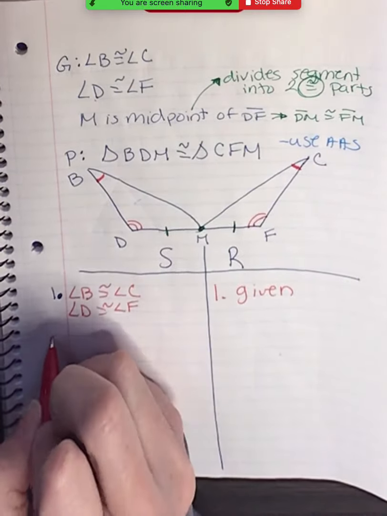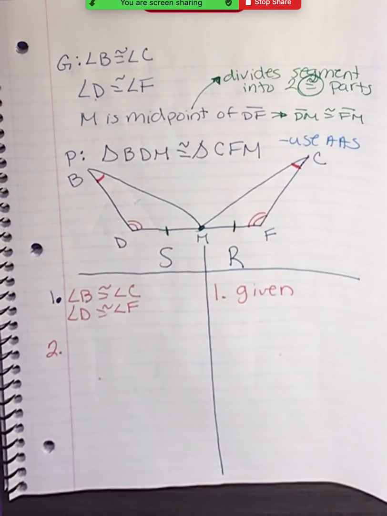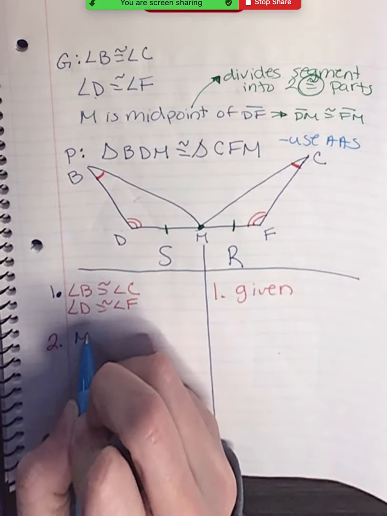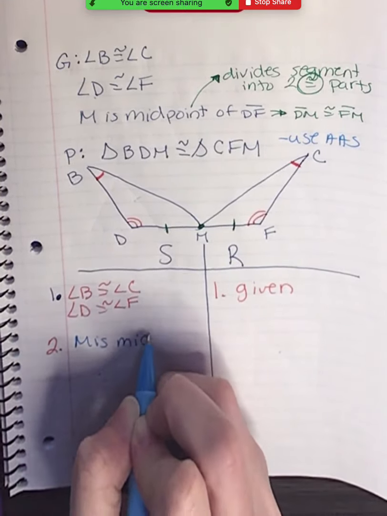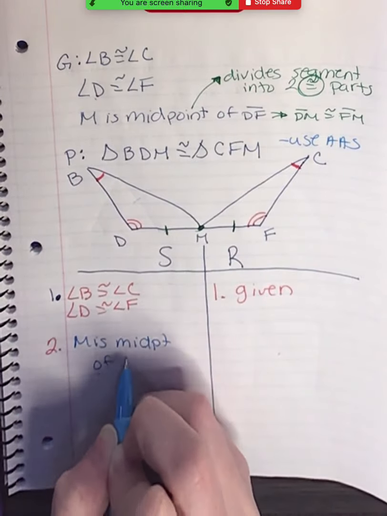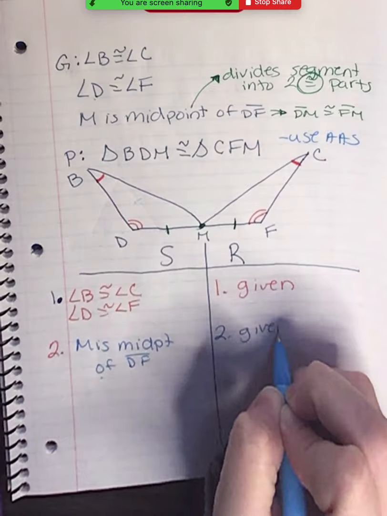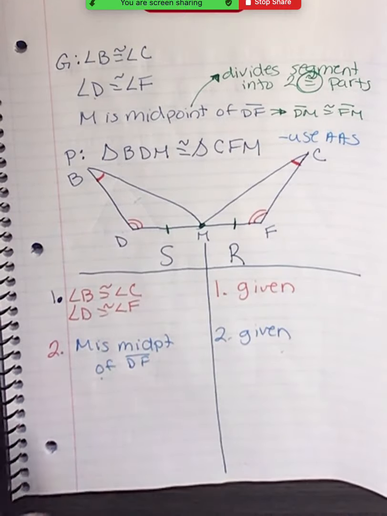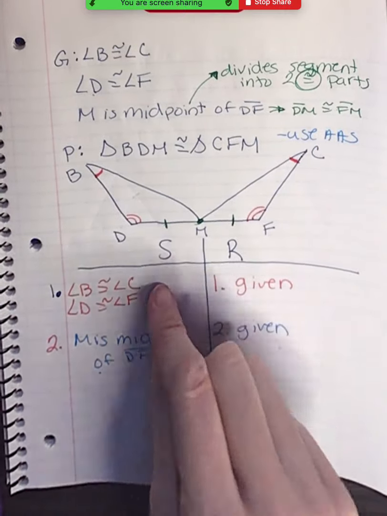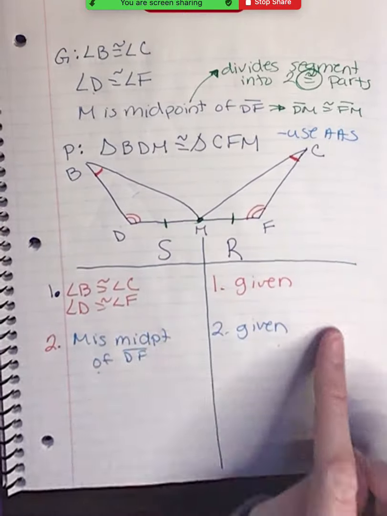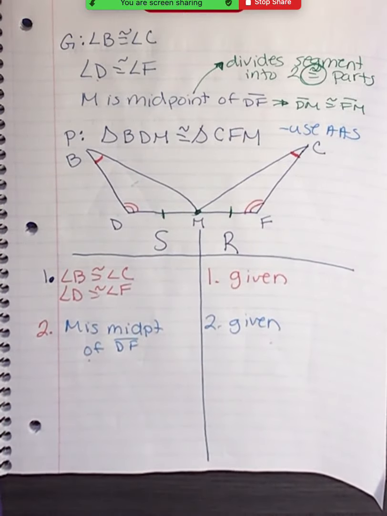Our second given statement, or our second step, we're going to use our second given statement that M is the midpoint of DF. We're doing this separate because we need to do something with that statement. These two, that's enough. That gives us our angles. This we have to do something with to add to our proof.